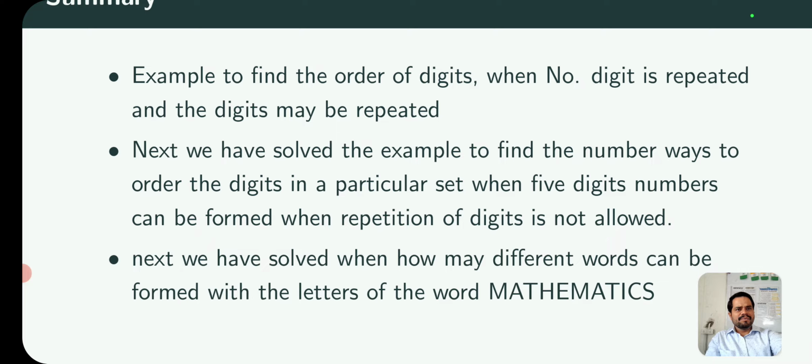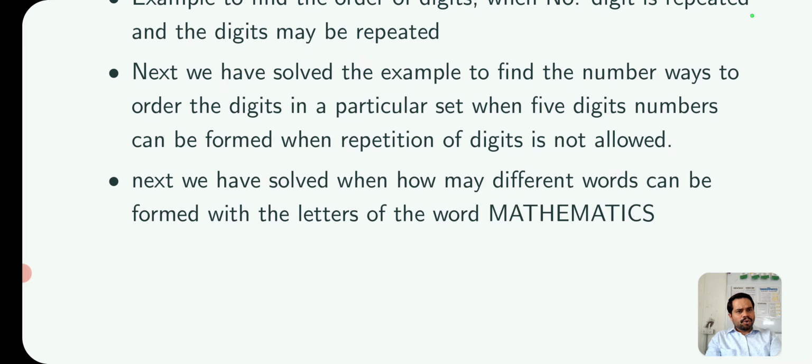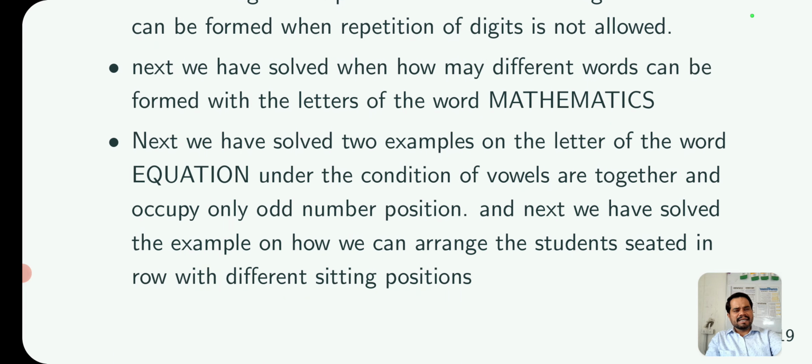Third, we solved for the total number of permutations of the letters of the word mathematics. After that, we solved the example on the letters of the word equation under the condition that vowels are together and occupy only odd positions. The next example was how we can arrange the students seated in a row with different sitting positions.